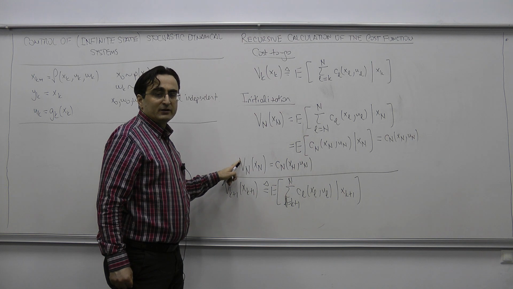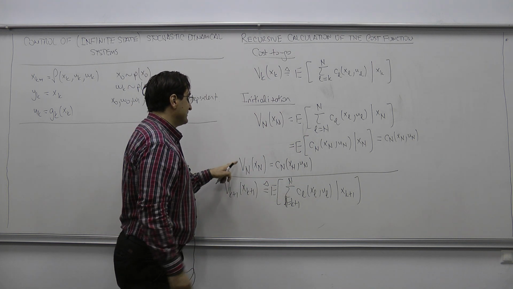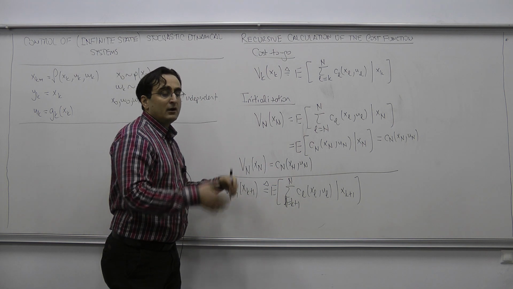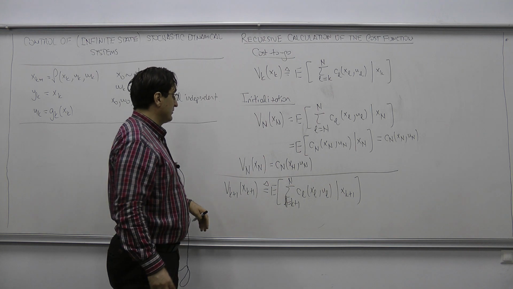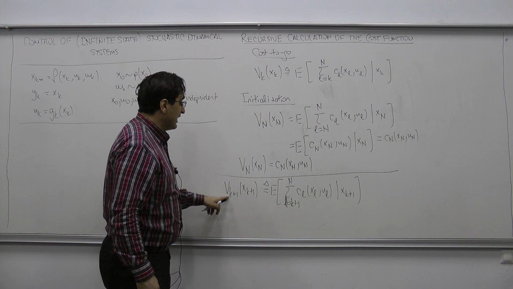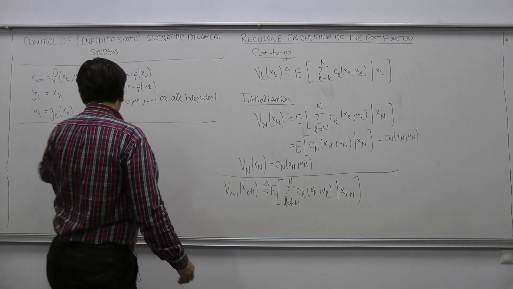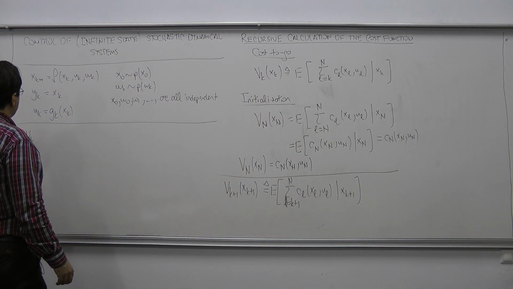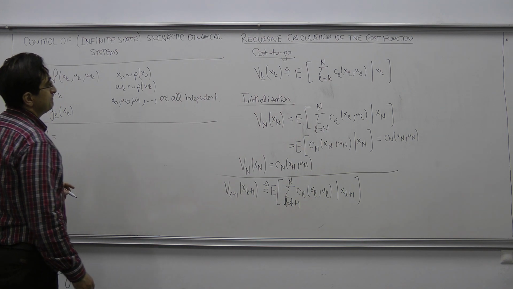We set the final value and then we are going to be coming backwards. After calculating this Vn, I'm going to be calculating Vn minus 1 and n minus 2, etc. So given Vk plus 1, I will try to go to Vk. So now let us try to write this Vk in terms of Vk plus 1. Okay?